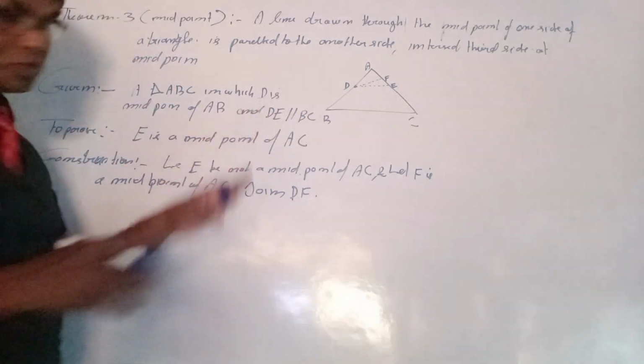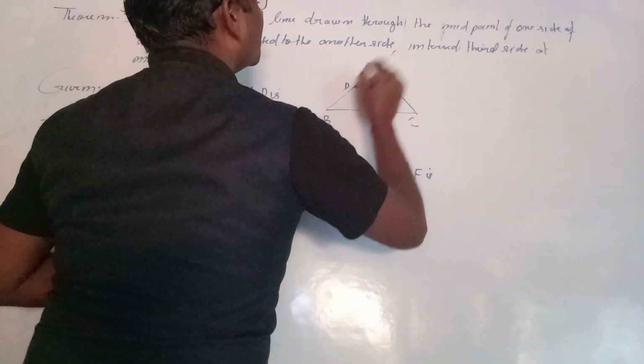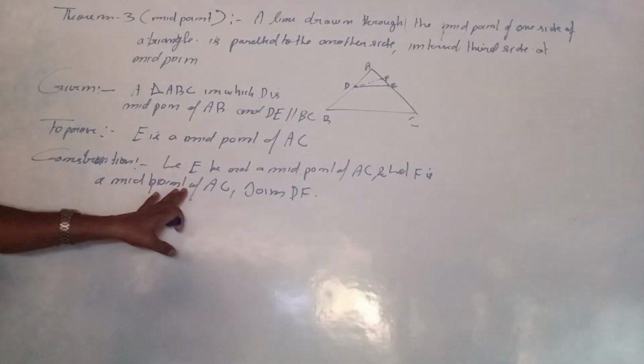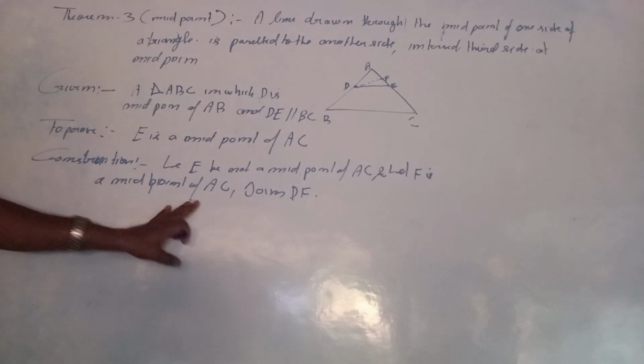We have joined DF. This is not the midpoint E, so we join DF. Got it?